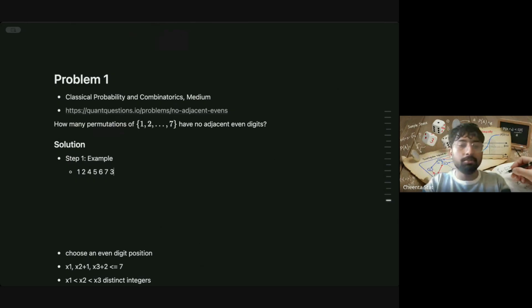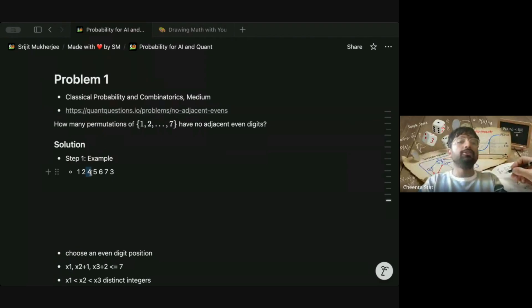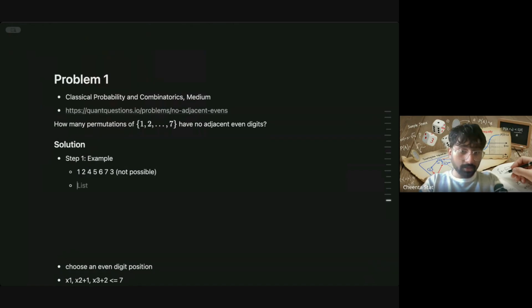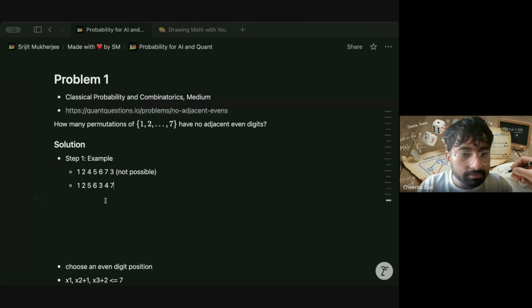This is not possible because 2 and 4 are adjacent. But another example is 1, 2, 5, 3, or 5, 6, 3, 4, 7.